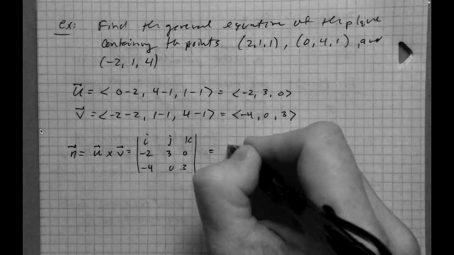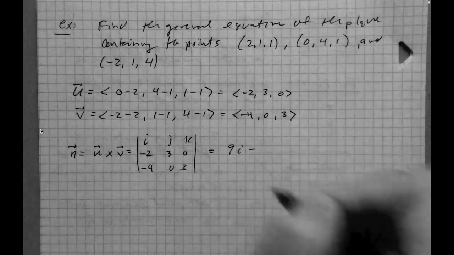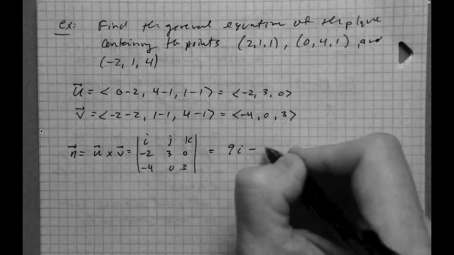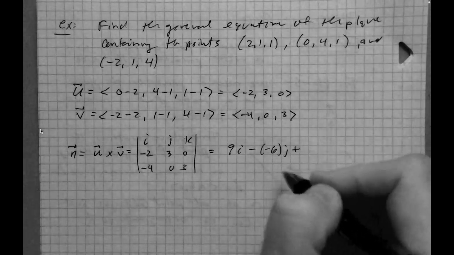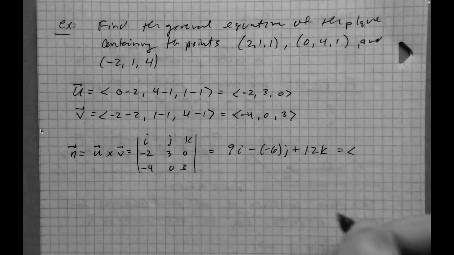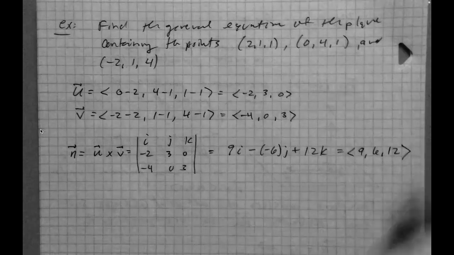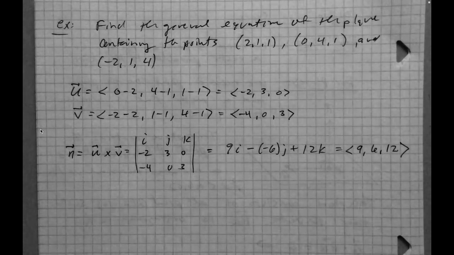That's your i, so you get 9i, and then minus, you would get -6 minus 0, so -6j, and then plus 12k. And so that vector is 9, 6, 12. That vector is normal to the plane that we're describing here.